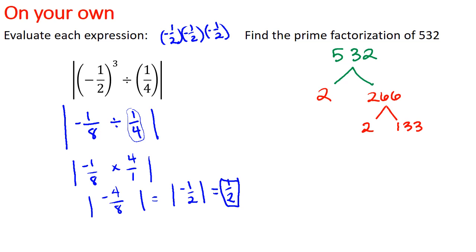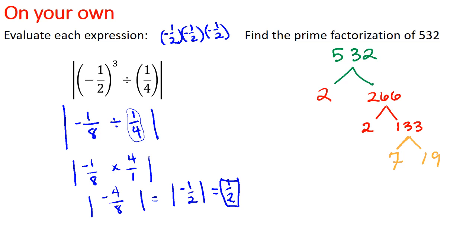133. Now as I look at this 133, what I can do is figure out what numbers are going to go into 133, and I believe 7 goes into that. So if we divide this, we can see 7 and 19 will multiply together to give me 133. Now 7 is a prime number because there's no numbers smaller than it that will be evenly divisible into 7.